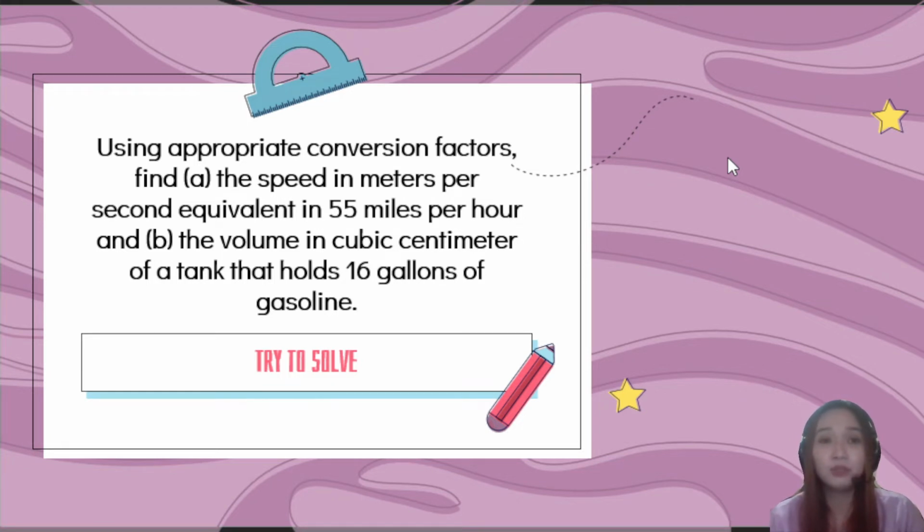Okay? So using appropriate conversion factors, find first A, the speed in meters per second equivalent to 55 miles per hour, and then B, the volume in cubic centimeters of a tank that holds 16 gallons of gasoline.